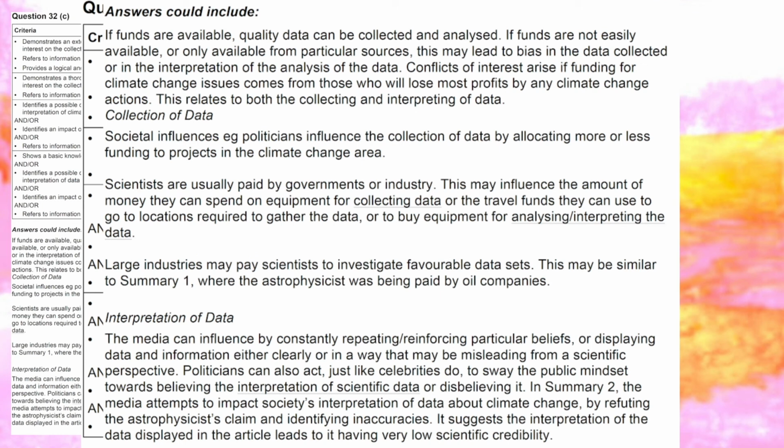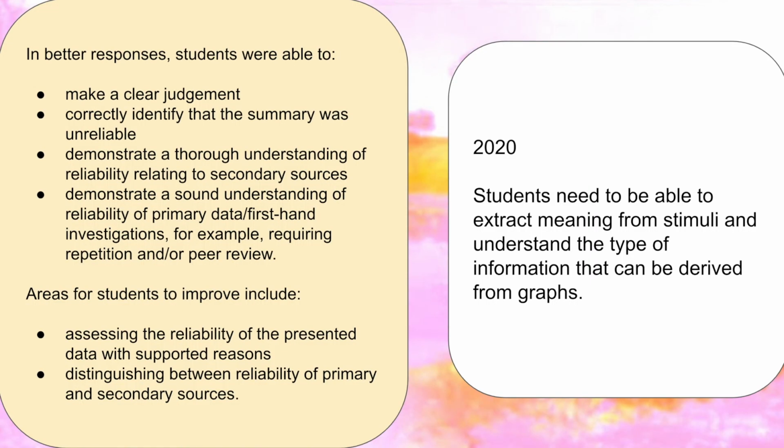And in this case, the other thing interesting from the sample answer is that there are little subheadings: collection of data, interpretation of data. And so one of the things here is the point there on the right: you need to extract information from the stimuli, but you've got to be able to present your response clearly.